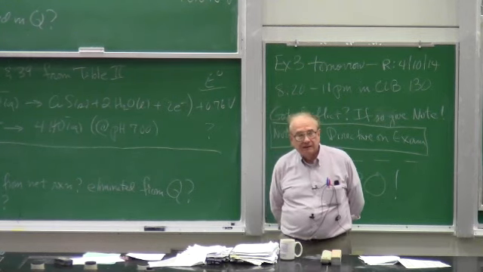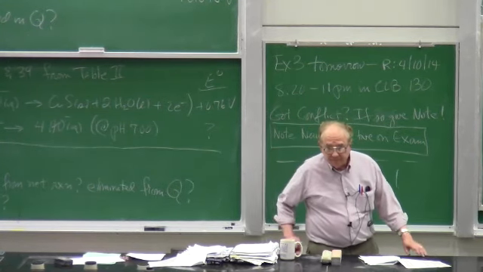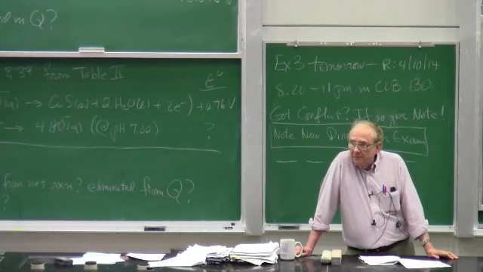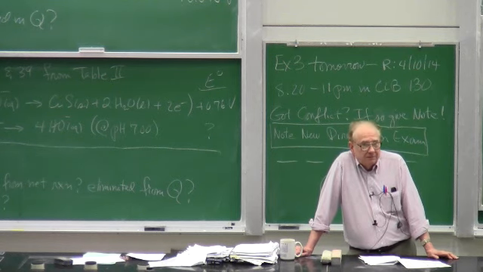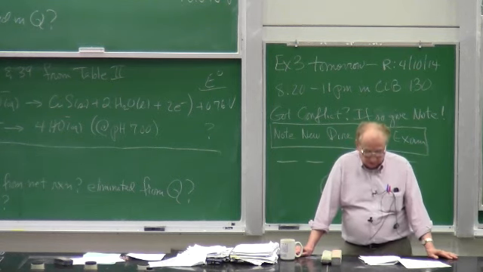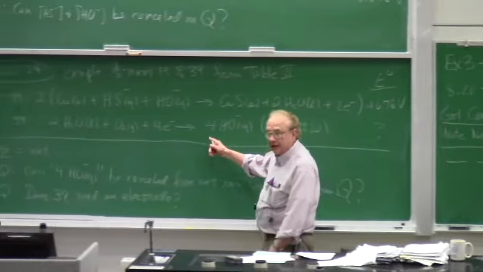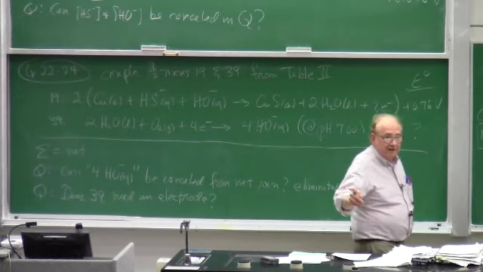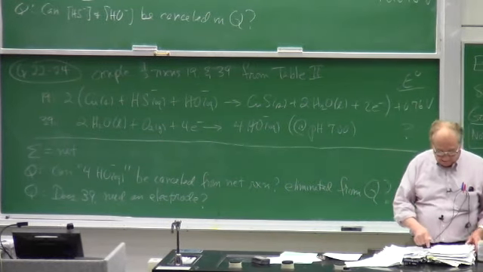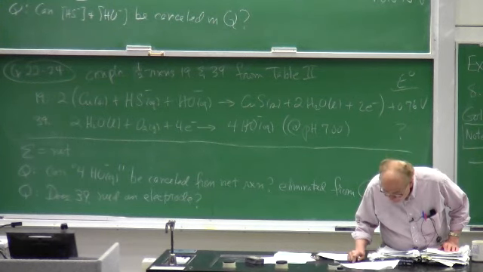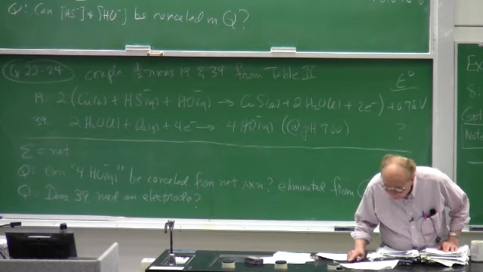I'm listening. 0.82. Point what? 0.82? Negative 1.2. Negative 0.88. We're all looking at 39, aren't we? And we're looking in table 2? I got it on here.